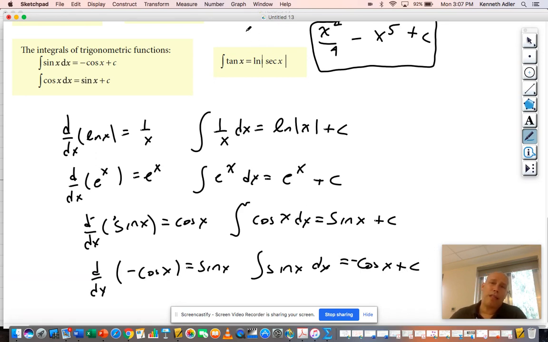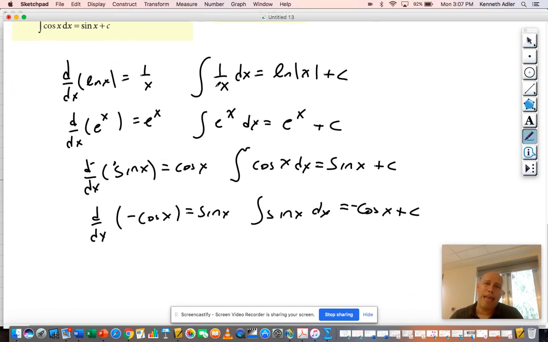Now, they gave you this last one, the tangent, just because they want to throw it in there, but don't worry about that yet. We'll figure that out. The integral of tangent x dx is equal to negative ln of cosine x, or ln of secant x, plus c. That's it.